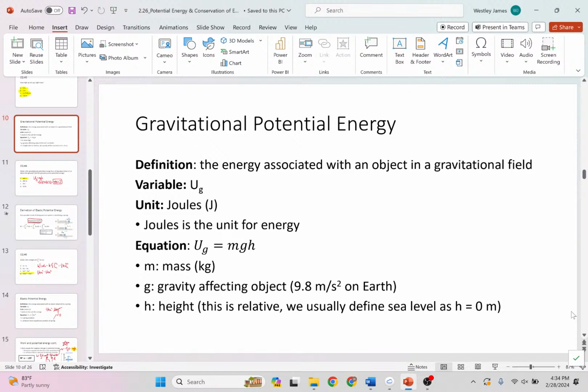x equals v initial t plus, yeah. So the question was, if you're using the values of a vector to solve for a scalar value, do you only use the magnitude, the positive value of it?